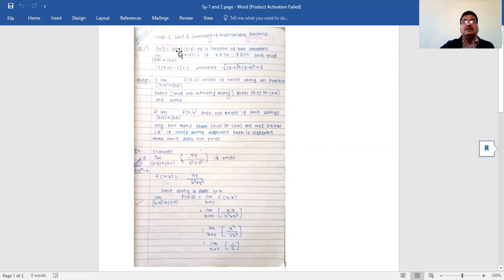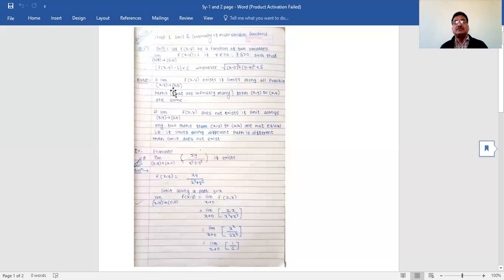The function is f(x), and the limit as x tends to a of f(x) is L if |f(x) - L| is less than epsilon whenever... And when this limit exists, we know that if the right hand limit, x tends to a plus, and the left hand limit, x tends to a minus, both exist and are equal, then we say the limit of the function exists.